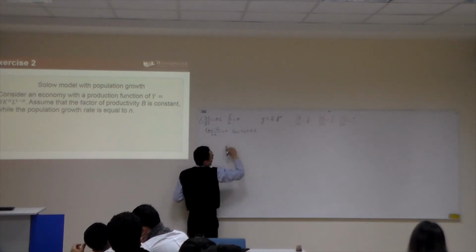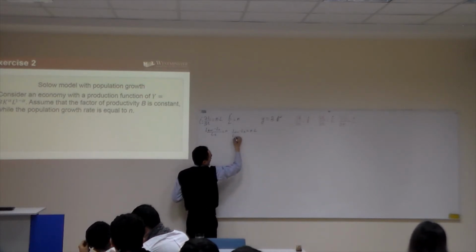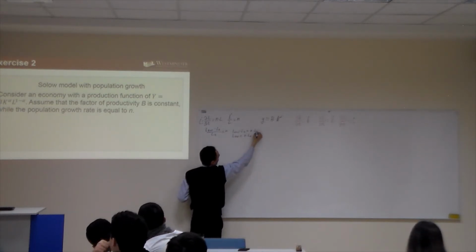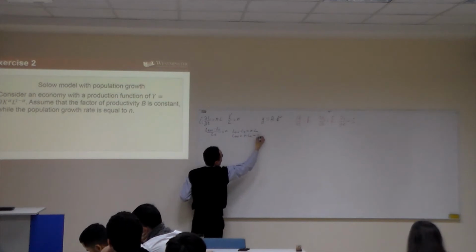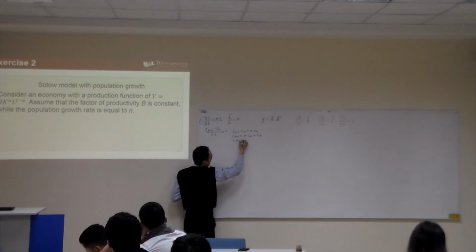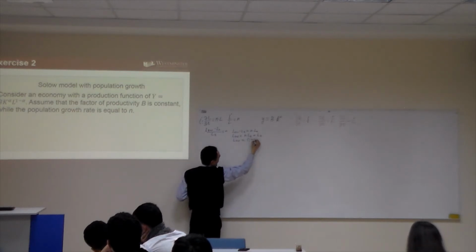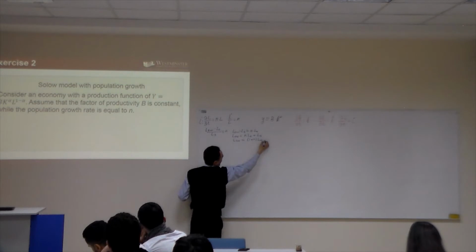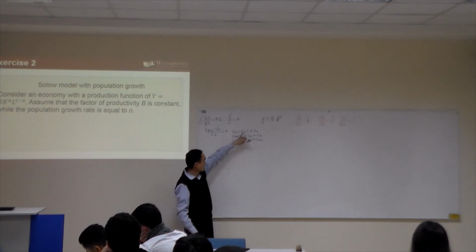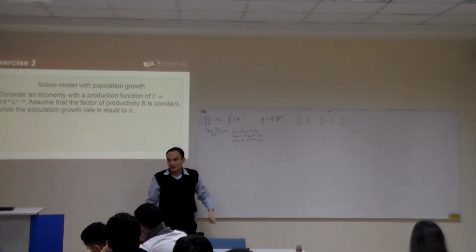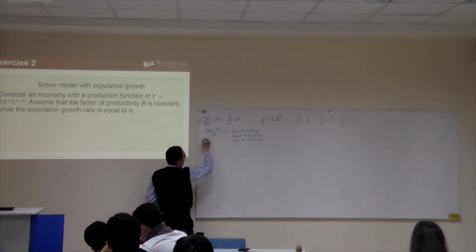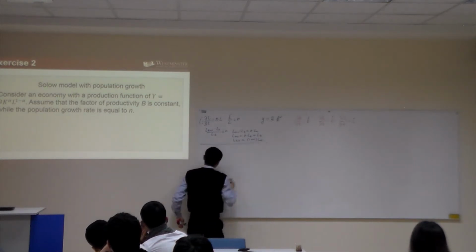If you take it to this side, you will get labor at T plus 1 is equal to n times labor at T plus labor at T. Or you can write it, labor for the next year is equal to 1 plus n times L_T, which is our next period, it will grow by this much. So this tells us that story. If you need it, you can write it right now. If you don't, there is no need. Good.